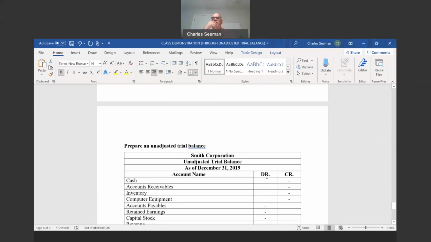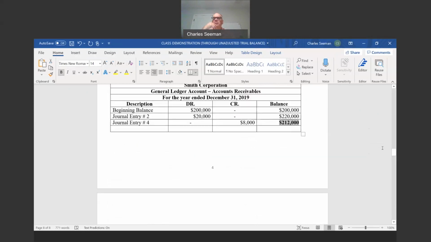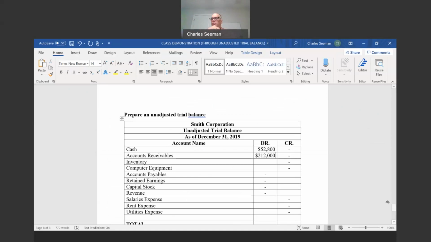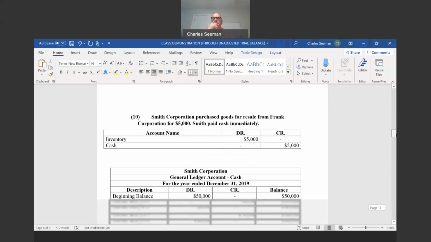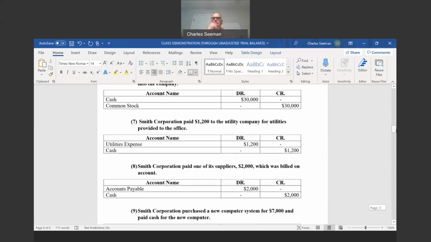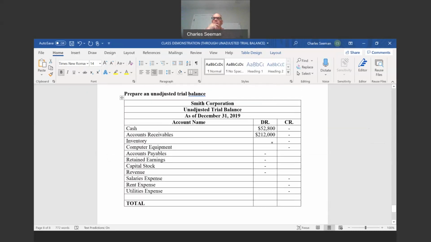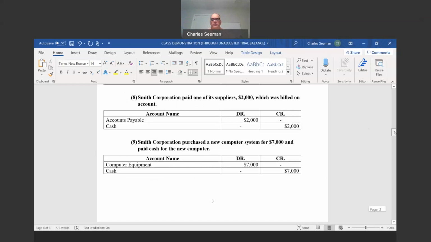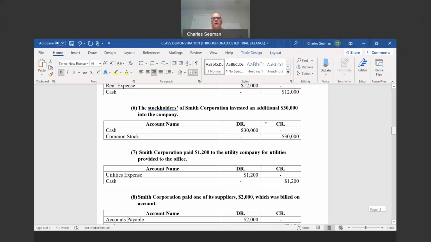Accounts receivable is 212. 7,000. Note that the assets and all of these have normal debit balances.